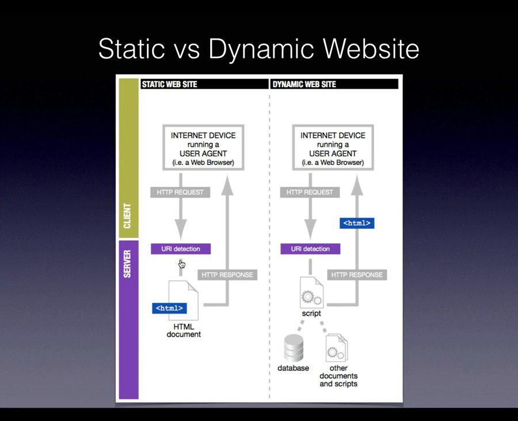On the dynamic website, what's going on the server is a little bit more complicated. Again, you make the request, and there's URI detection, but instead of storing a single page as a single file on the web server, what you're usually doing is interacting first with a script or a program.